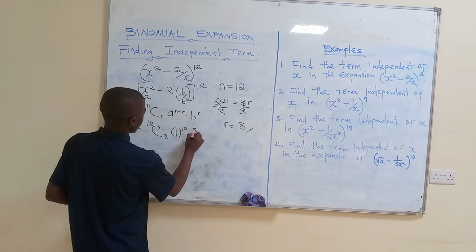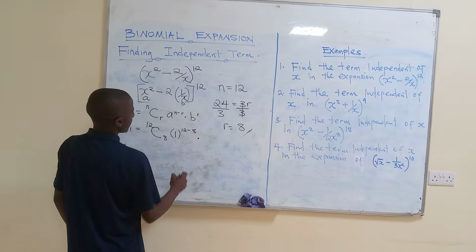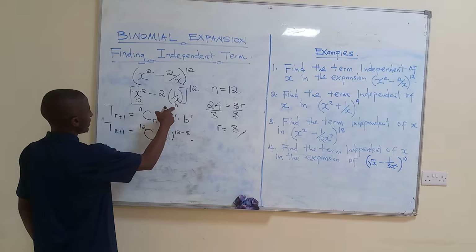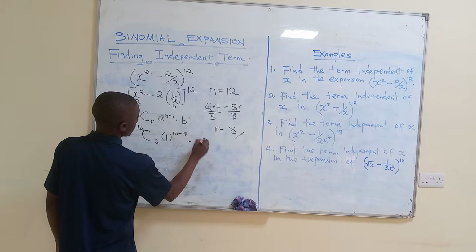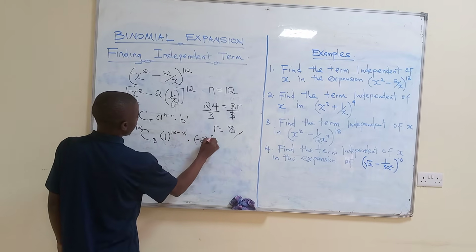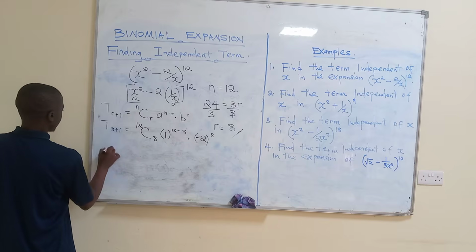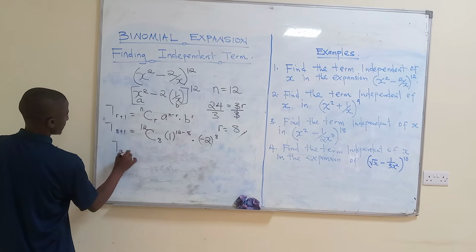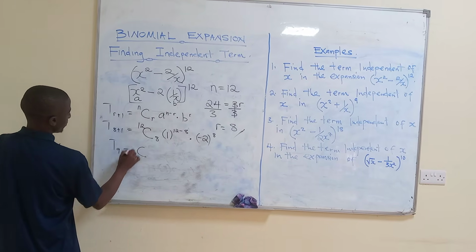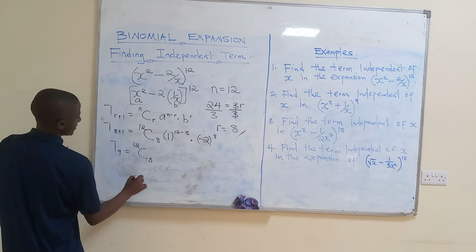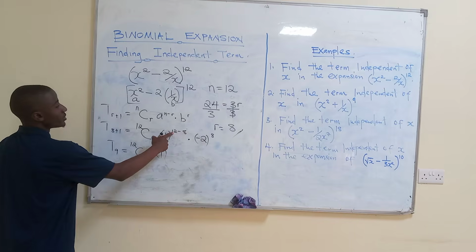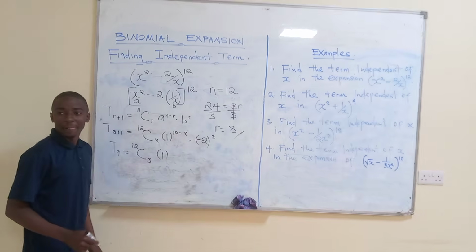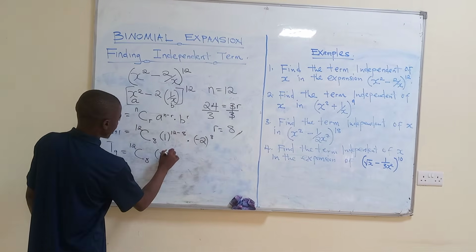So r is 8, multiplied by the coefficient of b, that is negative 2, to the power 8. So from there, T9 is equal to the combination of 12, 8, times 1 to the power 12 minus 8, which is 4.